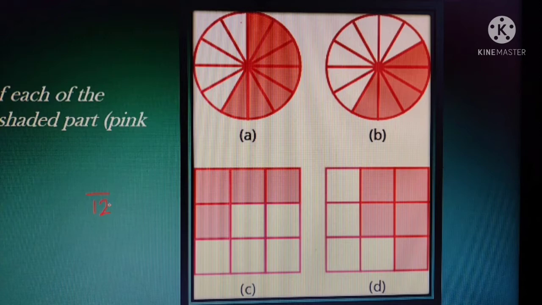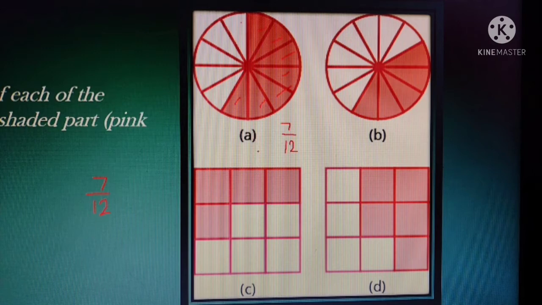And then according to the question you have to write the fraction of the shaded part. So out of 12 how many parts are shaded? 1, 2, 3, 4, 5, 6, 7. 7 parts are shaded. So above the division line you have to write 7. So here you will write 7 by 12.